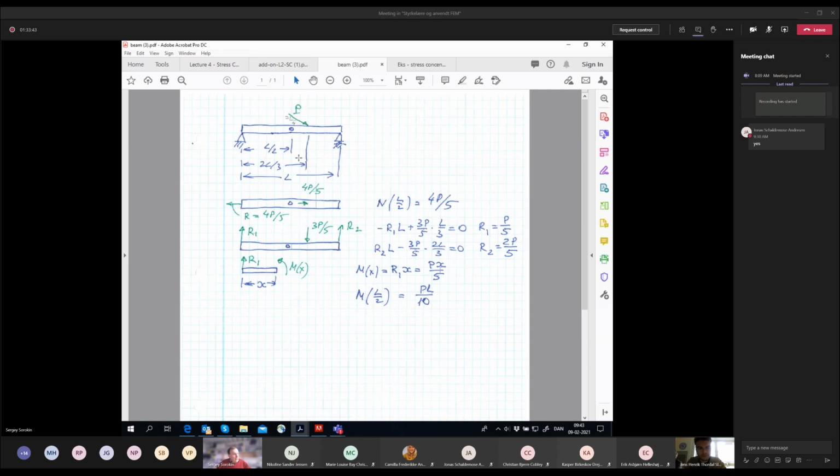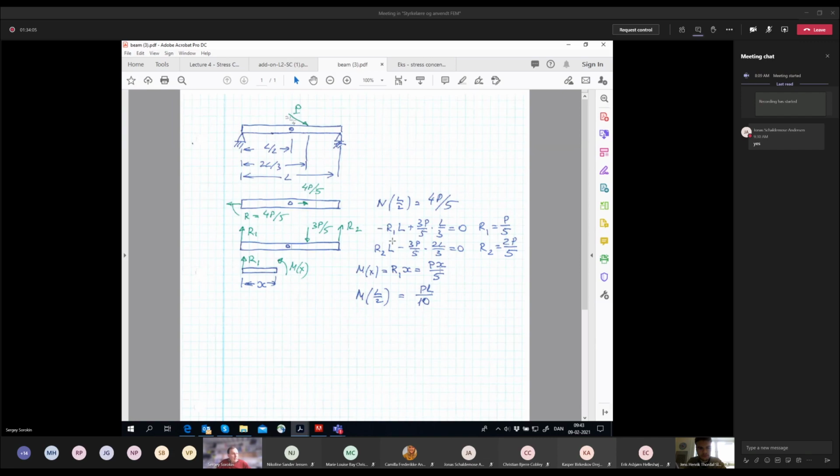So then we have this component of the force, 3P over 5. The first thing we do, we set up the free body diagram like this. And then, solving this free body diagram, we calculate the reaction force R1, and we calculate reaction force R2.